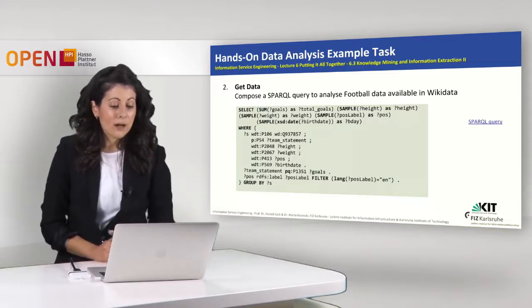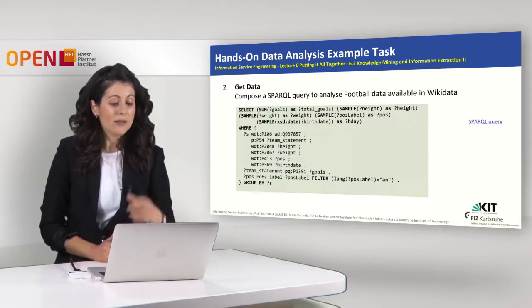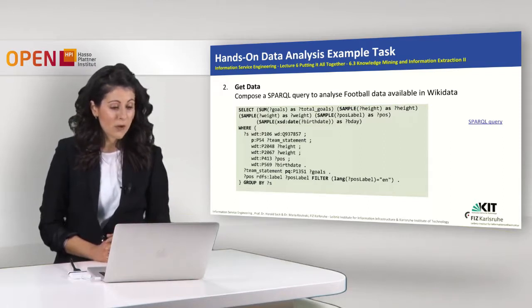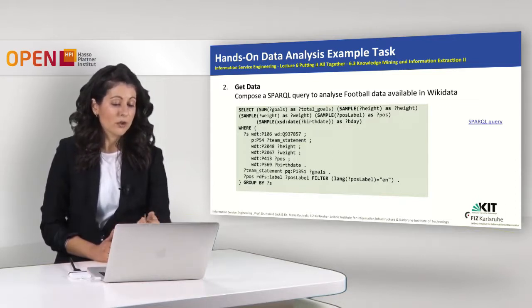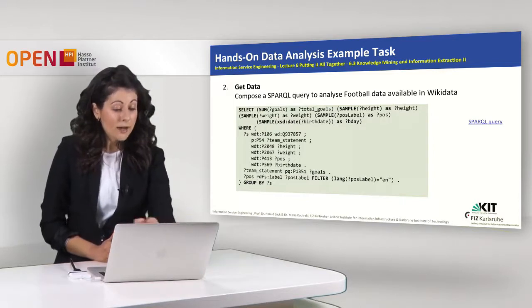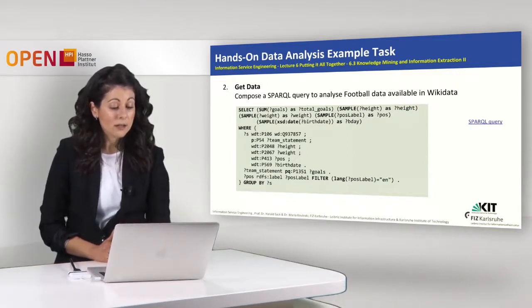Then we get the height, the weight, the position label, and the birth date of the player. And you see here our query. So S should be a type, I suppose, or has an occupation soccer player. Then we access the team statement. Then we get the height for the player, the weight, the position, and the birth date.